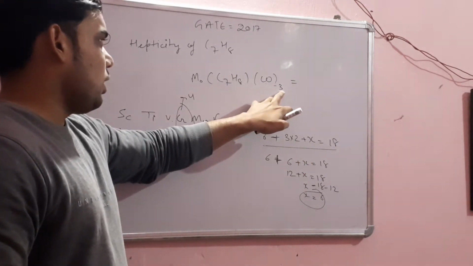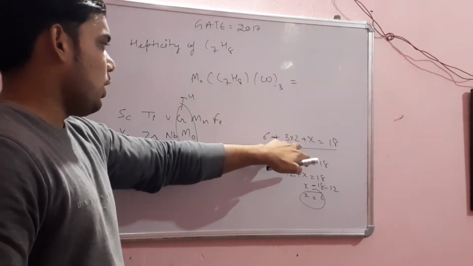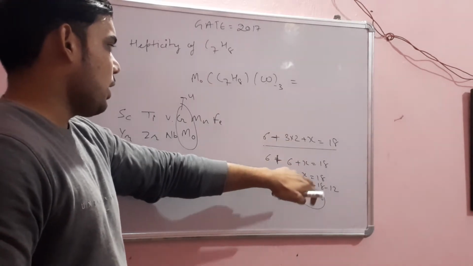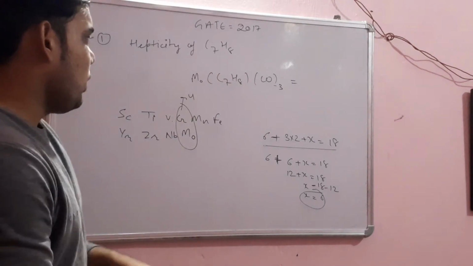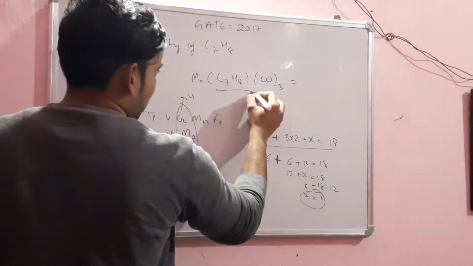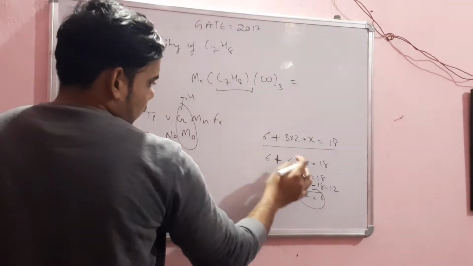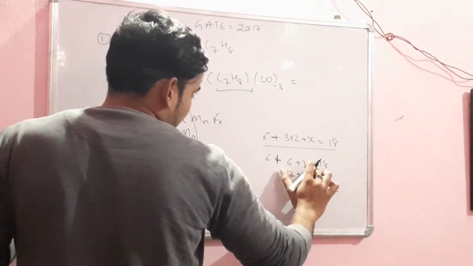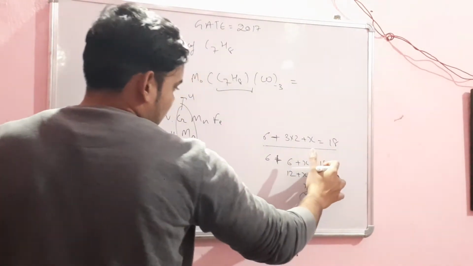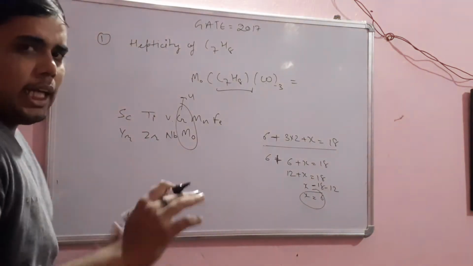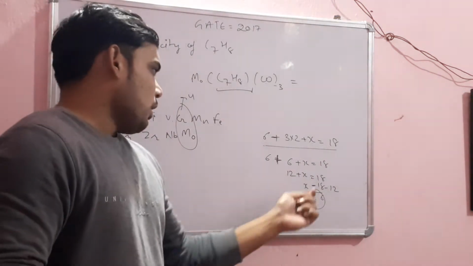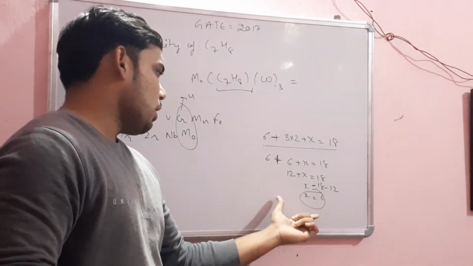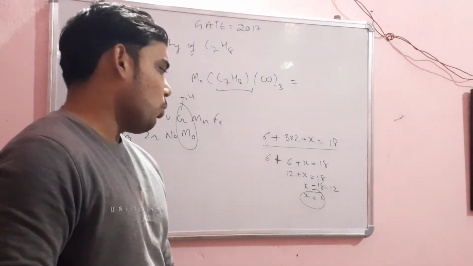So here the number is 3, so you will have to multiply it by 3. Then it will come as 6, and we don't know the hapticity of this C7H8, so we'll put X here, and all these numerical values will sum up to 18 according to the 18 electron rule. So we have a very simple calculation here, and X comes out to be 6.